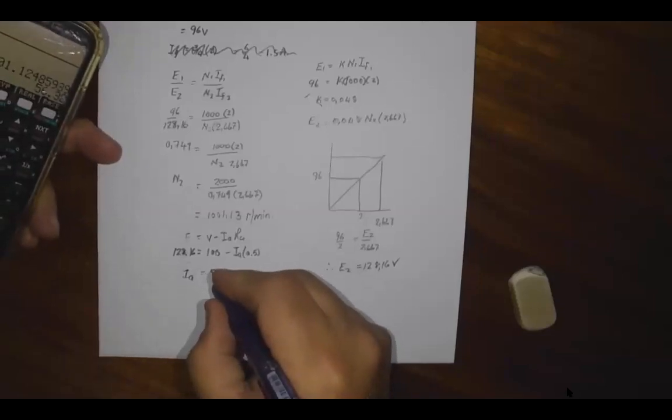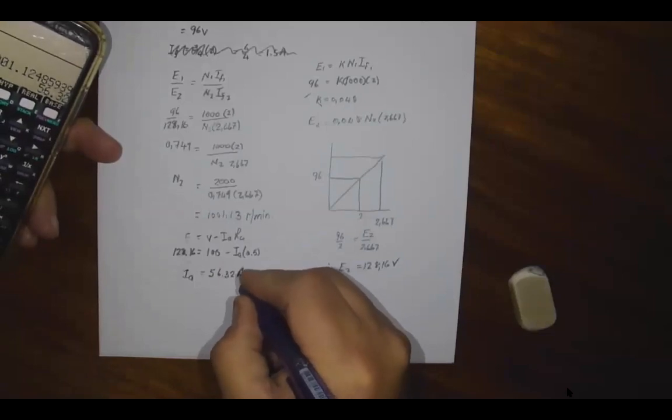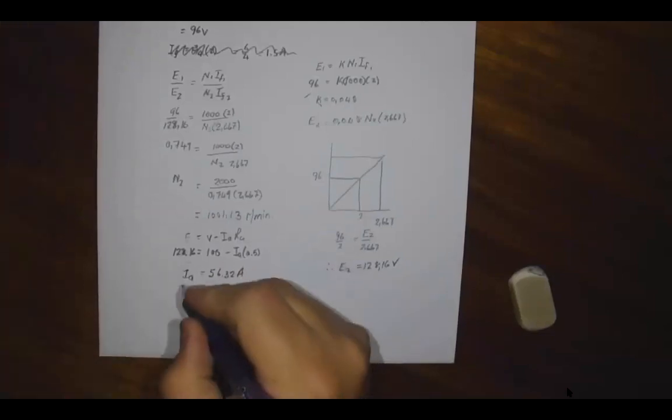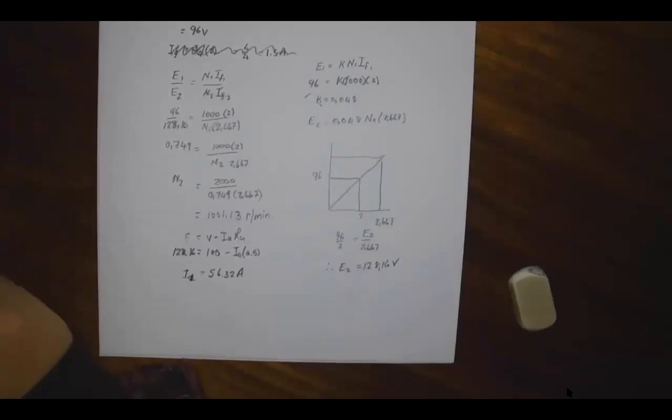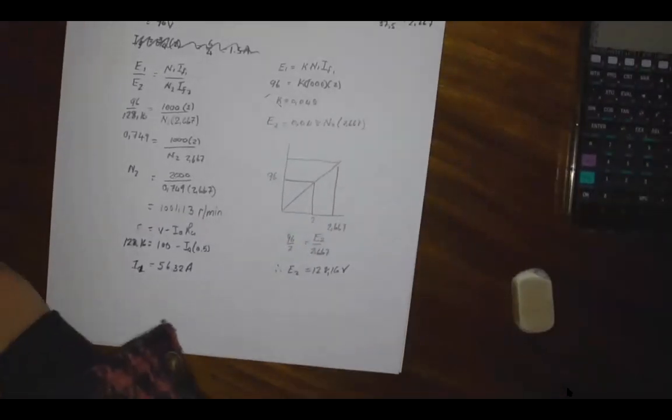So the current drawn from the supply will be 56.32 amps, I line. So do you see how you tackle these types of problems? You have to look at all the options and what is given.